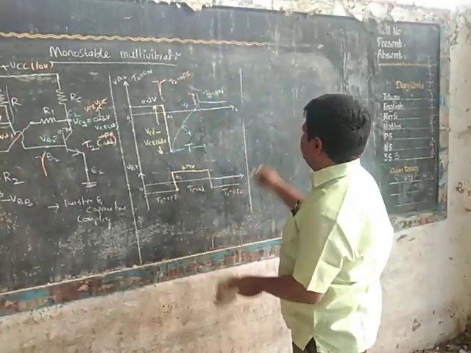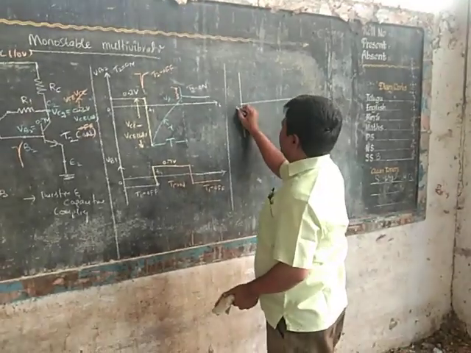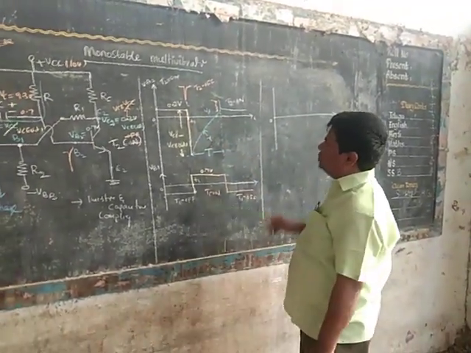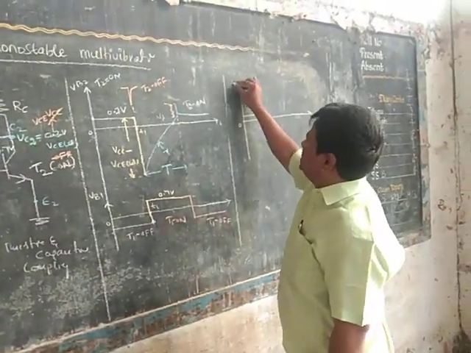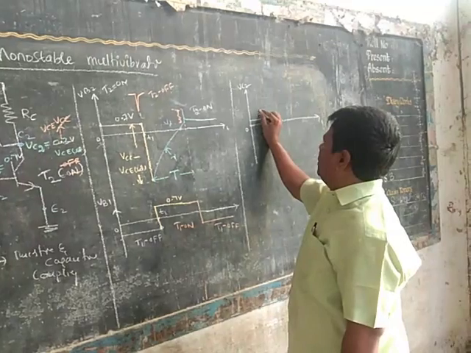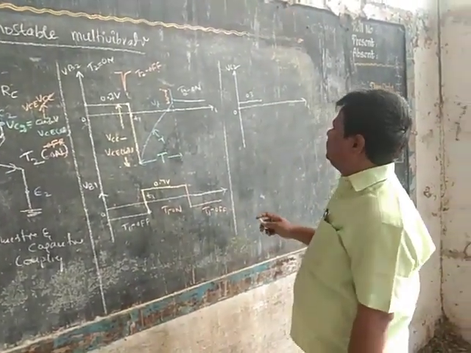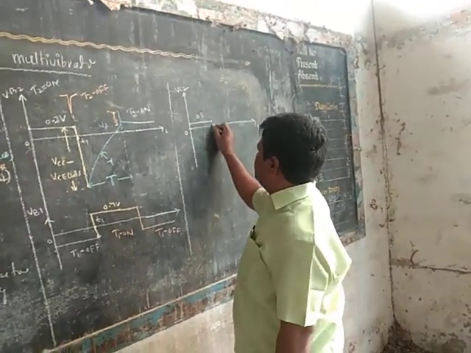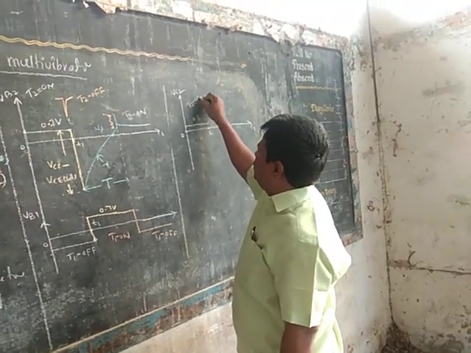These are the collector waveforms. When VB2 is on, its collector voltage, this is VC2, is 0.3 volt. Then at T1, this is T2 on.